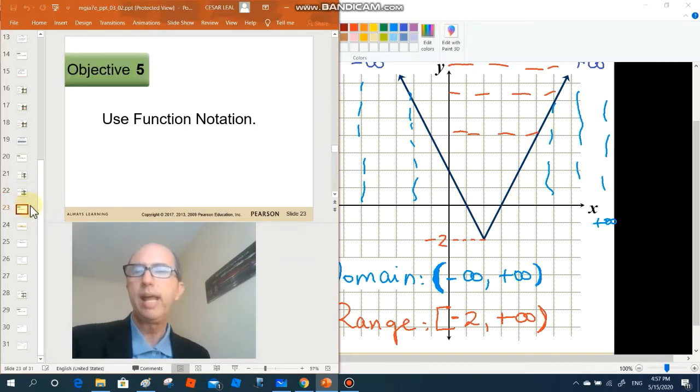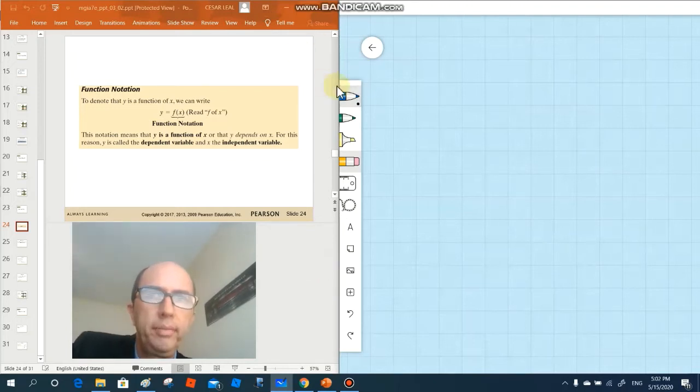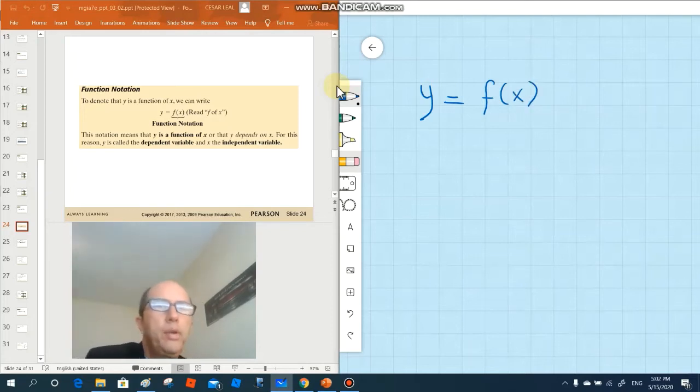Now we can go to the next objective, number 5, use function notation. To denote that y is a function of x, we can write y equals f of x, that we're going to read like y equals f of x.